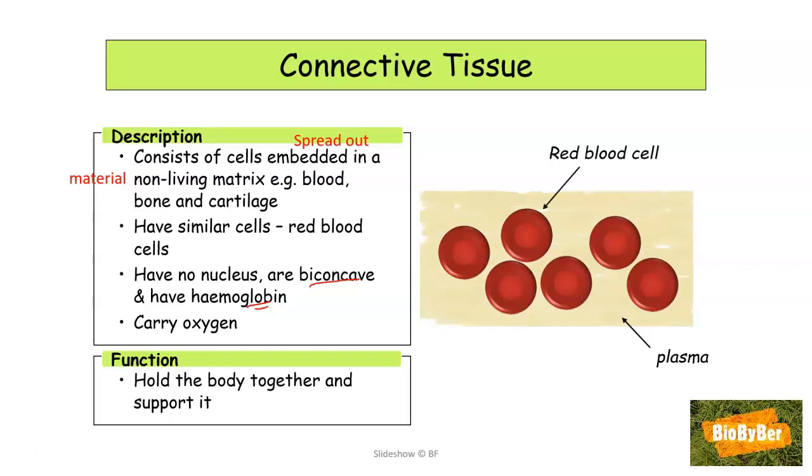These cells have a similar structure as we have just said. They are adapted for bringing oxygen to body systems. So they carry out the same function. In general, connective tissue will hold the body together like cartilage and help support it, perhaps by supplying oxygen as blood does.